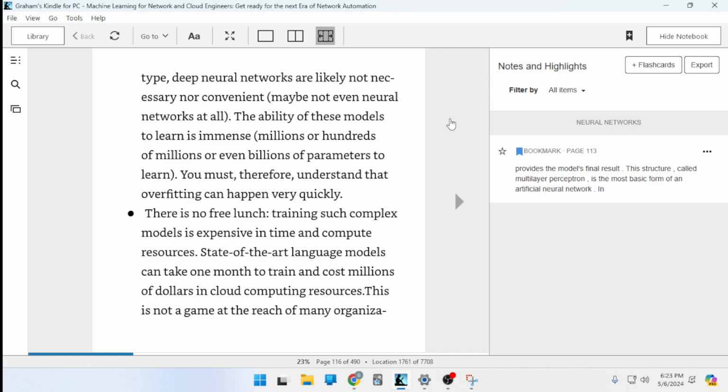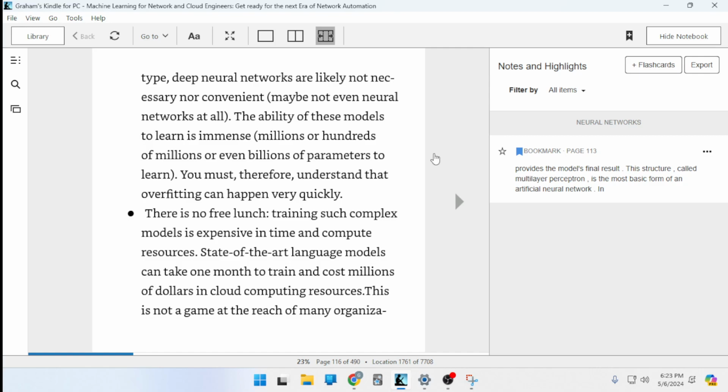The ability of these models to learn is immense. Millions or hundreds of millions or even billions of parameters to learn. You must therefore understand that overfitting can happen very quickly. There is no free lunch. Training such complex models is expensive in time and compute resources.